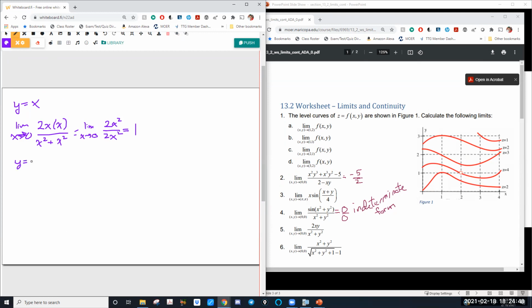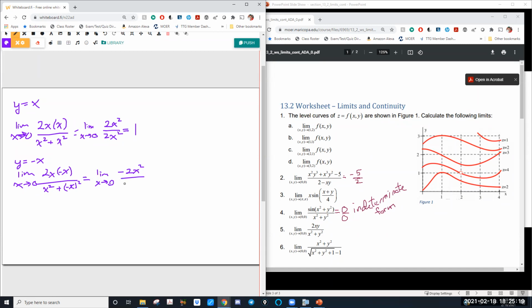So that just ends up equaling 1. Now if we try the path y equals negative x, we have the limit as x approaches 0, because if x is going to 0, negative x is going to 0, of 2x times negative x over x squared plus negative x squared. You might already see what's going to happen, because on top, we end up with a negative 2x squared.